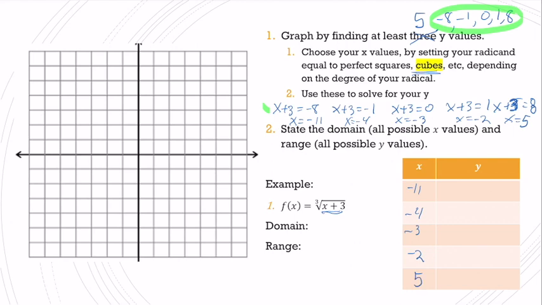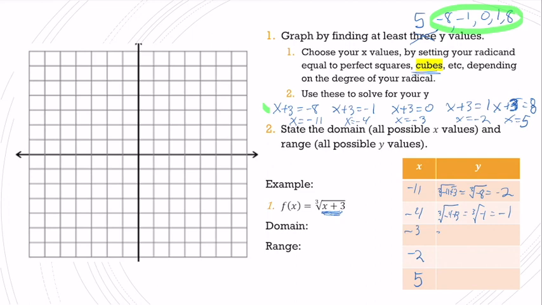All right. If I plug in -11, I get the cube root of -11 plus 3. That leaves me with the cube root of -8, which is -2. If I take the cube root of -4 plus 3, that leaves me with the cube root of -1, which is -1.